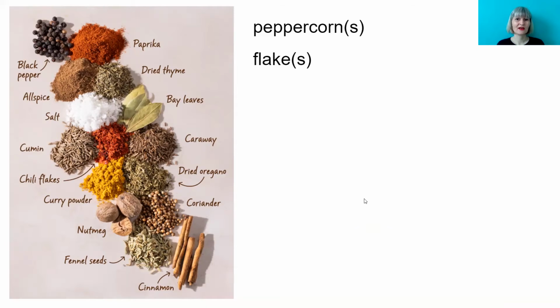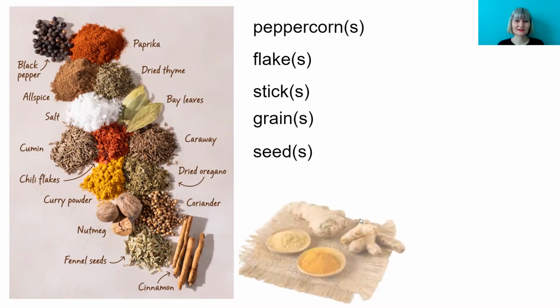Chili sticks, палочки, cinnamon sticks, grains, this could be salt grains, да, гранулы или маленькие кусочки соли, grains. Mostly we use seeds, семена, да, caraway seeds, cumin seeds. Those are the seeds, coriander seeds, семена.